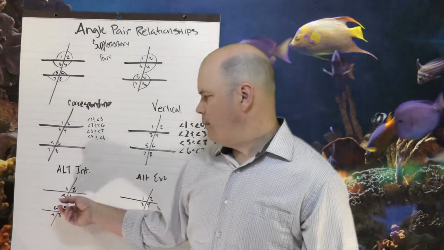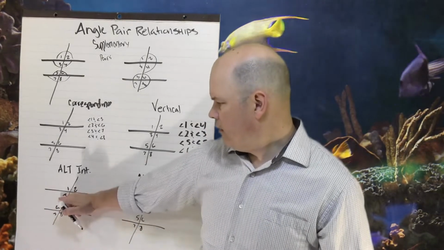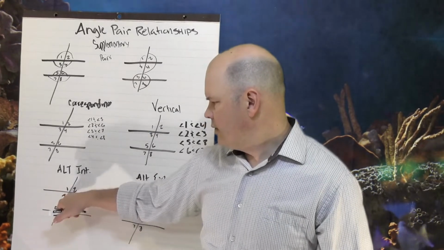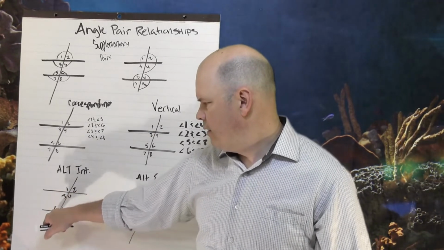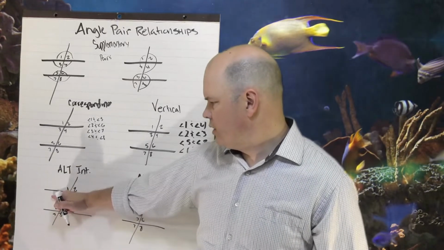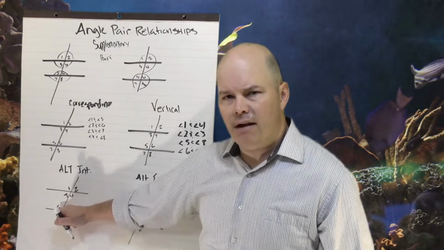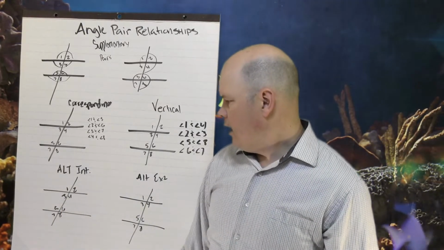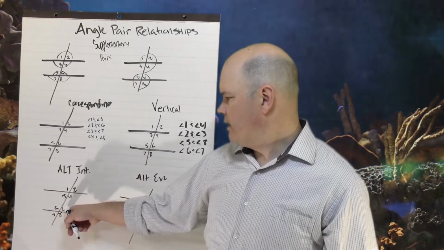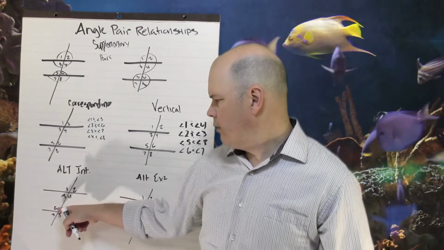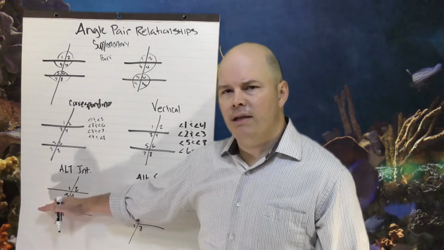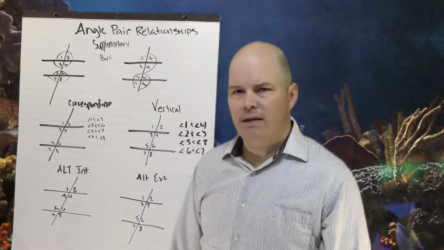Interior, so these angles here are both on the inside of my parallel lines. When we're talking about alternate interior, we're just talking about what's happening inside of my parallel lines. And alternate means opposite sides of my transversal line. So I'm looking for the relationship between the angles inside my parallel lines on opposite sides of my transversal.